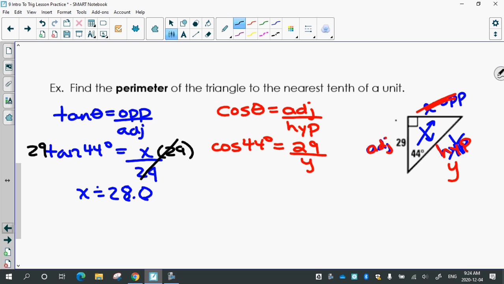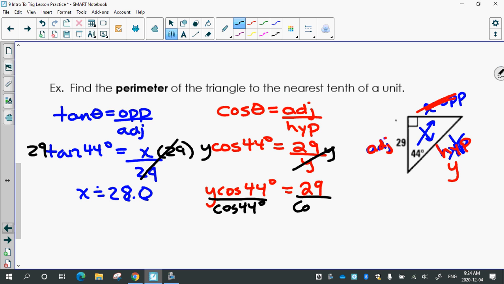So when the variable's on the bottom, you have to multiply both sides by the variable to get it on the top of the other side. And you're still trying to get y by itself, so then you're going to divide by cos 44 on both sides. And we get that y is approximately 40.3.